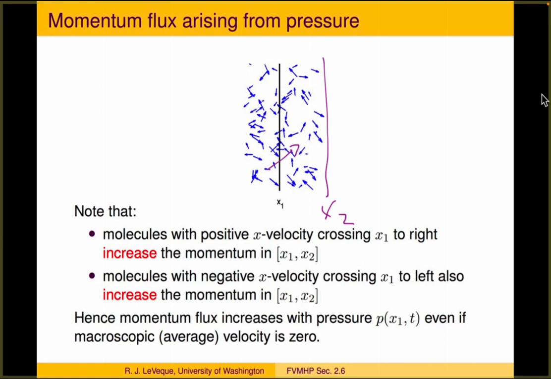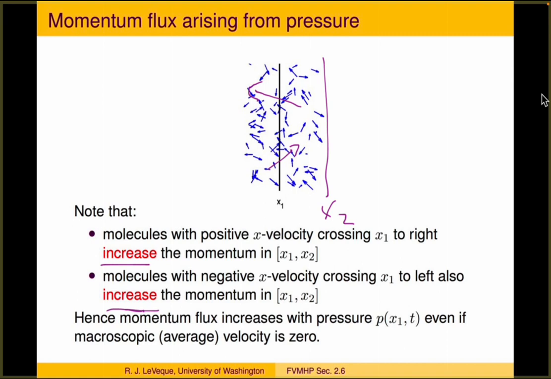and so it's increasing the momentum in that section of the pipe. On the other hand, the molecule going from right to left across that same boundary is removing negative momentum from this section. And when you remove negative momentum from this section, you're also increasing the remaining momentum in this section. So regardless of whether a molecule goes from left to right or from right to left across this interval, either way it increases the momentum in the interval from x1 to x2.